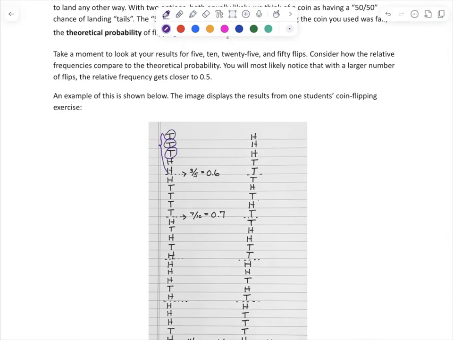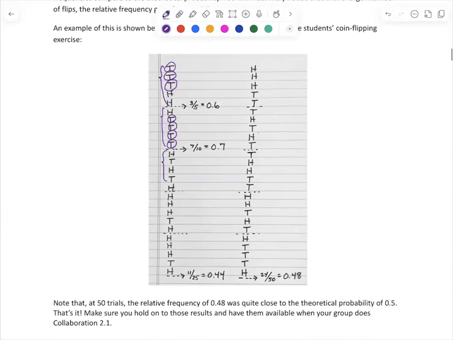So you get 3 out of 5 or 60%. If you continue it 10 times, you get 1, 2, 3, 4, 5, 6, and 7. Now you have 7 out of 10. You get 70%. You're going to continue this process, and as you can see, for 50 times. So you're going to flip the coin 50 times and keep track of the number of tails.